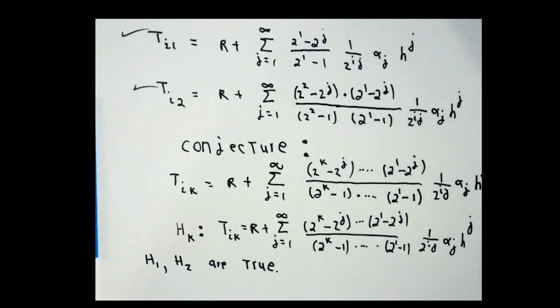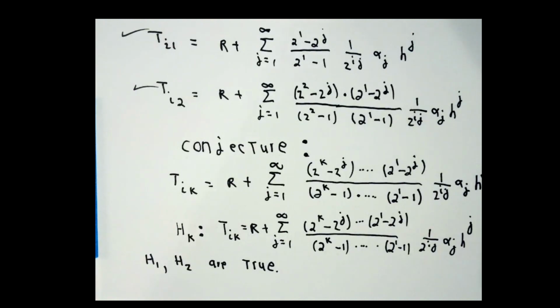It's important to understand that I shouldn't get hung up on the exact name of indexes. If I assume that this hypothesis is true for a given column index, and then I can show that it's true for the next one, it doesn't matter what I call those indexes.